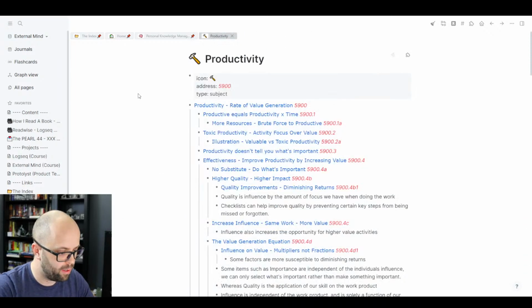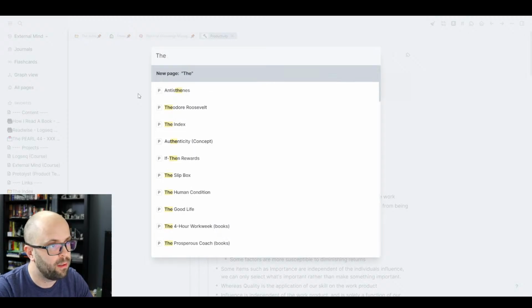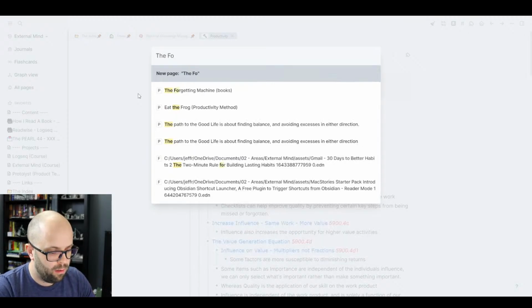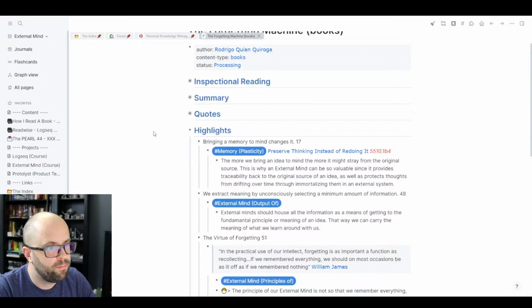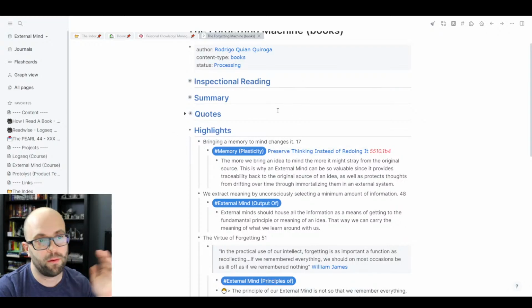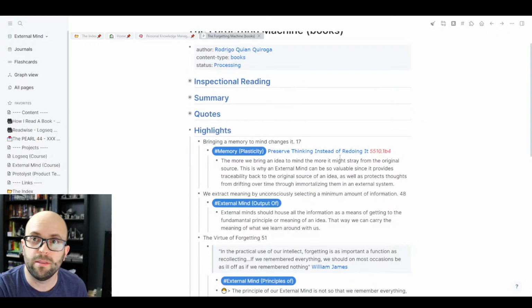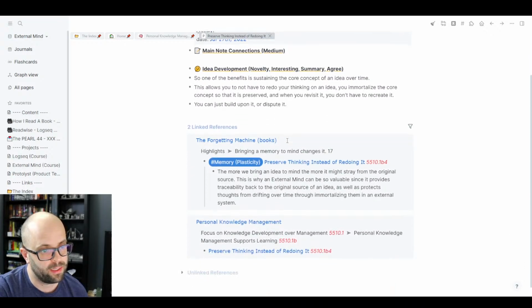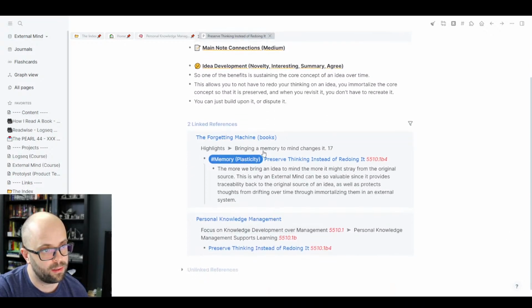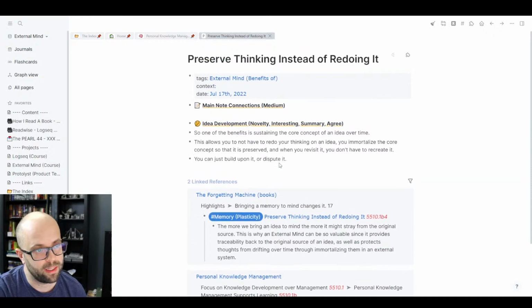So if I go back to, let's say, the forgetting machine, if I come back and look at the book, I can see the different notes that I've created from this source. And if I go to this page, I can see what helped me get to the idea, what reference note.